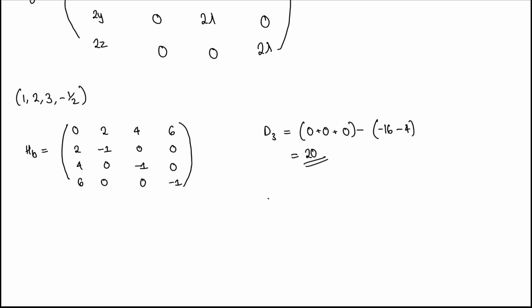If we now work out the determinant of the whole 4x4 matrix, we can just ignore this because it's just 0, and so keeping in mind that those are our cofactors, we get minus 2, and our matrix of minors, when we ignore that row and column, is 2, 0, 0, 4, minus 1, 0, 6, 0, minus 1.